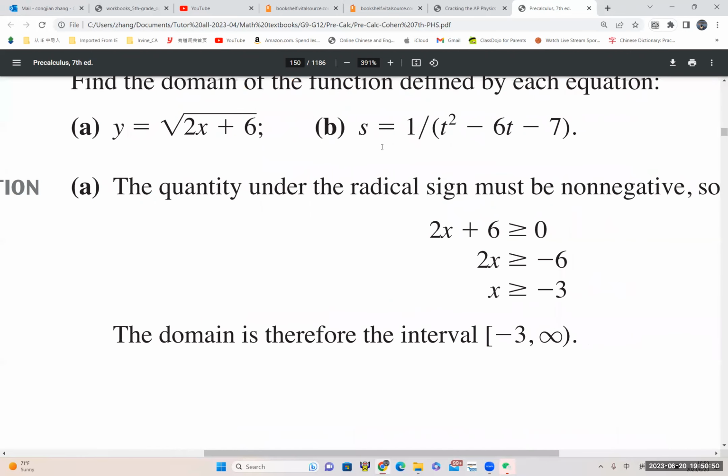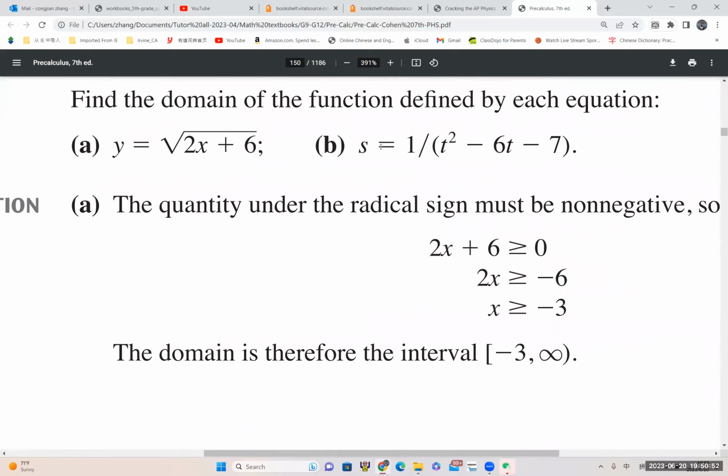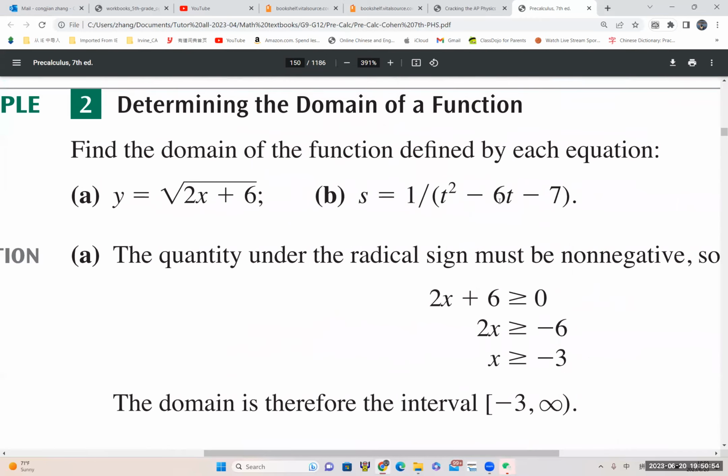Normally, it just lets it define. So for example, for the square root, this should be greater than or equal to 0. For here, as it's the denominator, it cannot be 0, right?